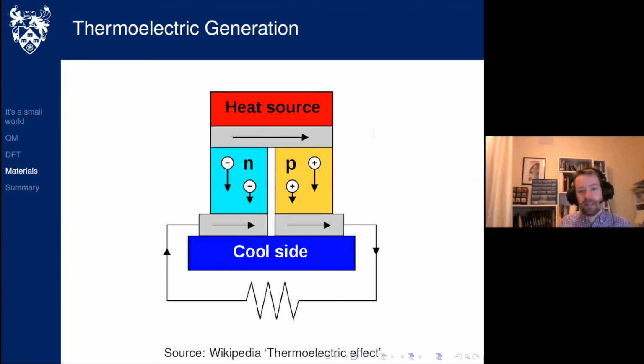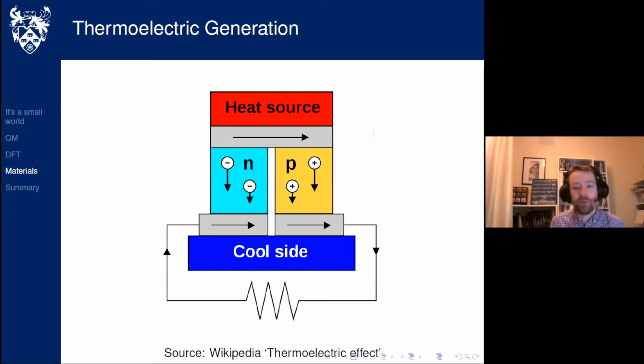At the hot end, these positive charges heat up and they move around a lot and they slowly move through the material. So in the yellow material, what I end up with is a buildup of positive charge at the cold side and negative charge at the hot side. And if that was the only material, that's where it would end.